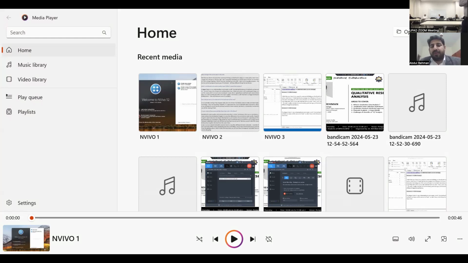So you do not have to worry about different software, but the most important thing is that you have to understand what qualitative research is, and when and how we have to use it. The software is always to assist us, not to guide us.